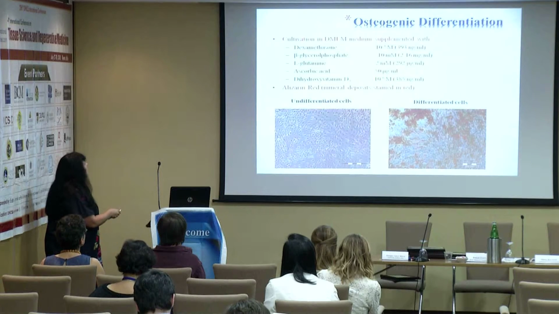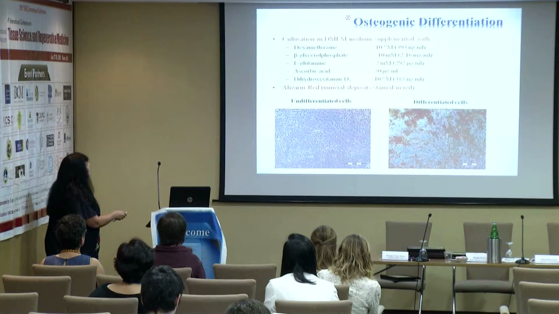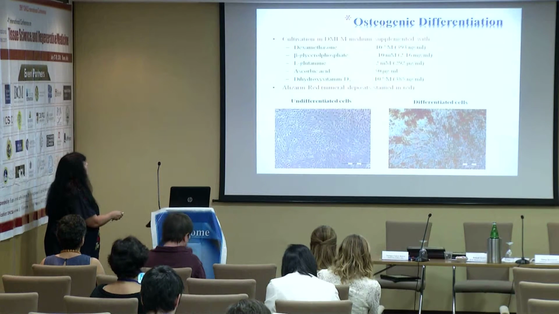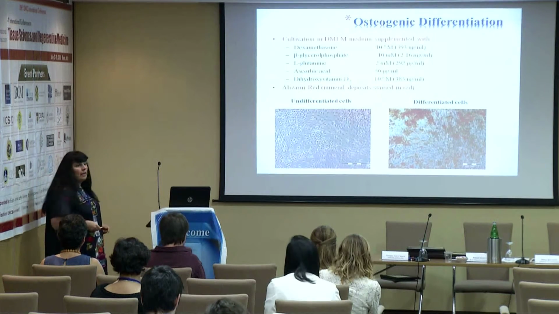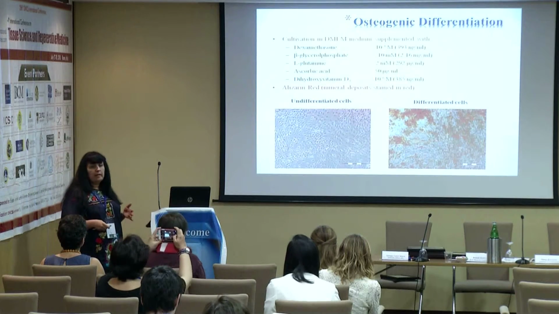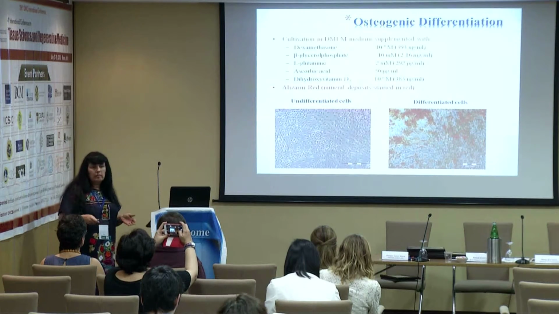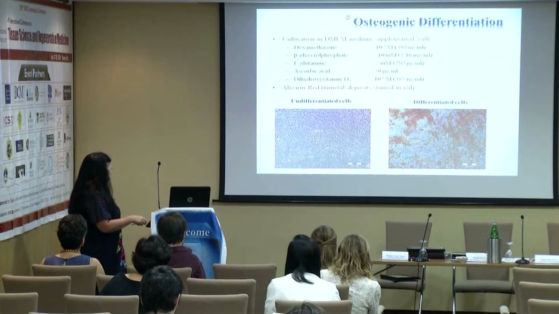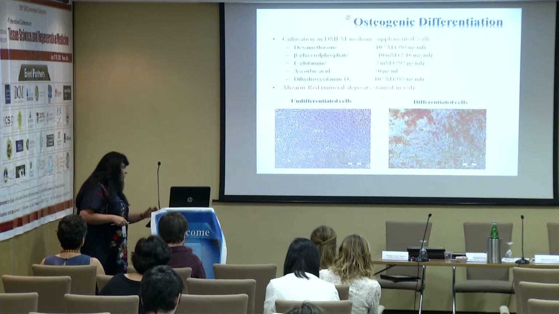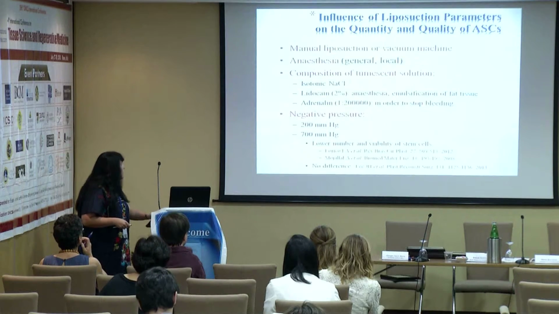We used special media with dexamethasone, glycerol phosphate, glutamine, ascorbic acid, vitamin D, and we stained with alizarin red calcium phosphate deposits on the cell culture substrate. Very rich staining. So they are capable of osteogenic cell differentiation.